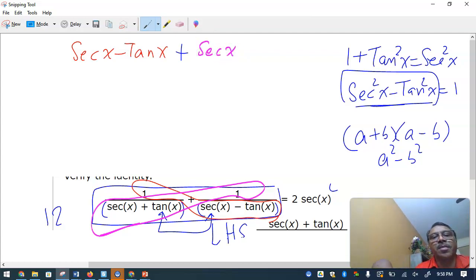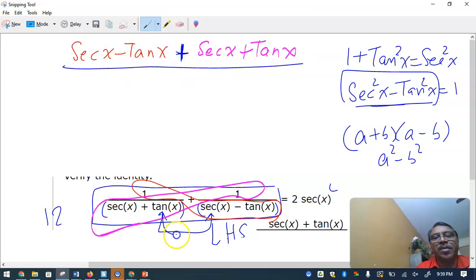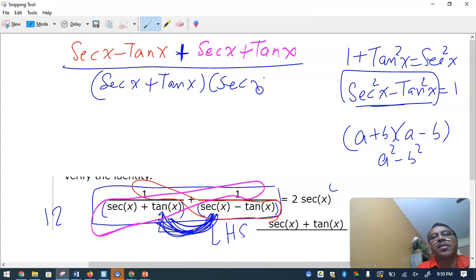I don't have to worry about the parenthesis here because you have a plus sign there. And the denominator, you need to multiply this too, right? So that's secant of x plus tan of x and secant of x minus tan of x.